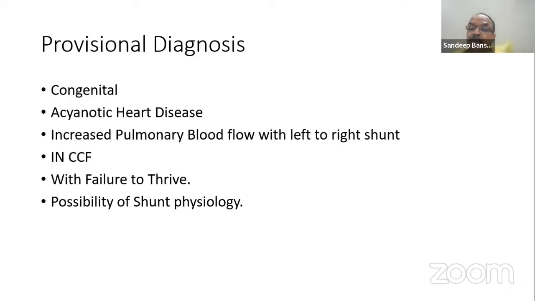So the likelihood is more, but based on the history, unless it's a syndromic child, it is difficult to say whether PDA or VSD is the cause, other than saying that VSD is more frequent than PDA.